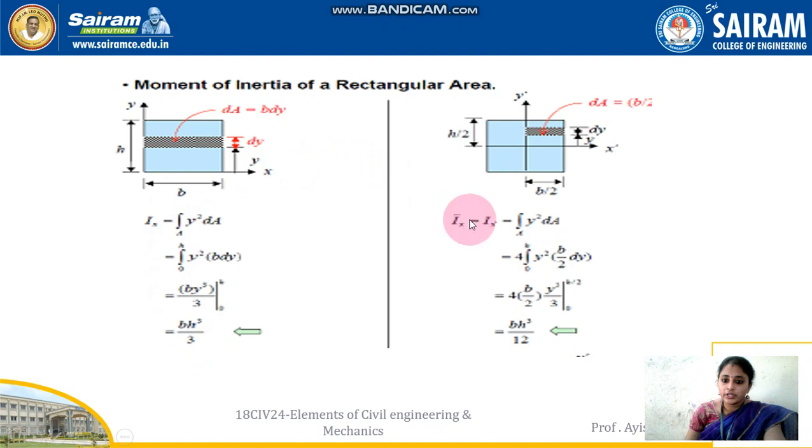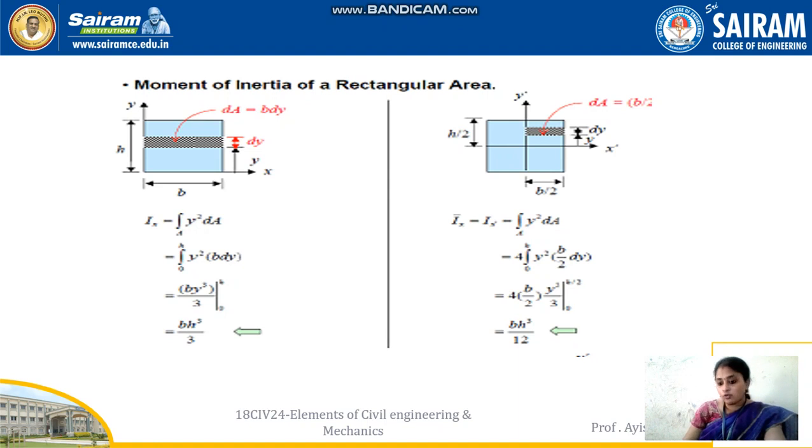By substituting it in the parallel axis condition, you get bh cube by 12. This is for a horizontal elemental strip, you get bh cube by 12, but for a vertical elemental strip you get b cube h by 12.